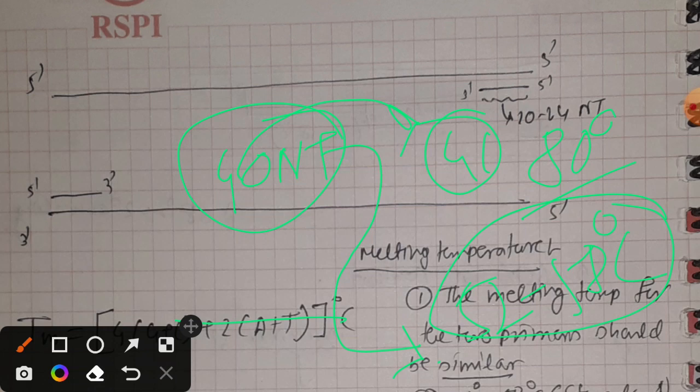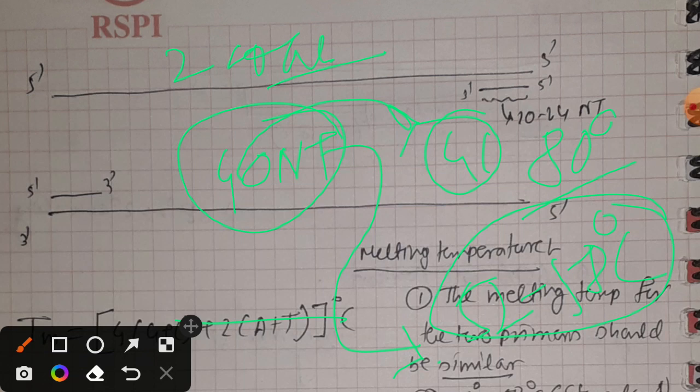That is the first thing. The second thing is, suppose we are taking a DNA of, let's say, 200 kb.